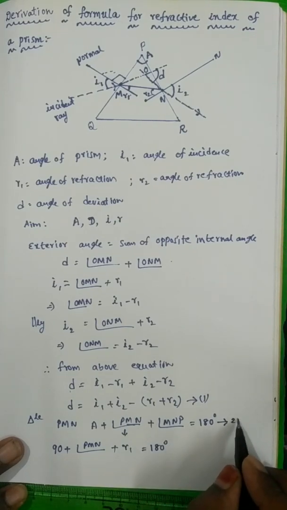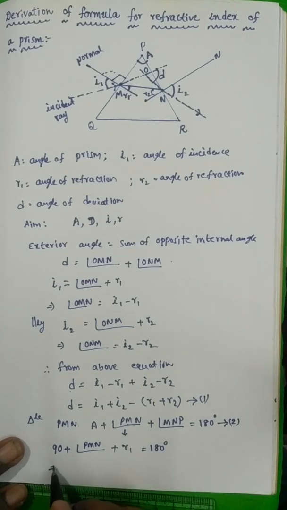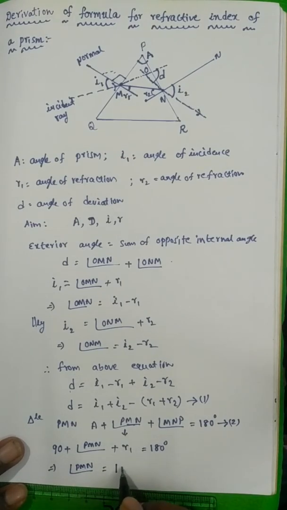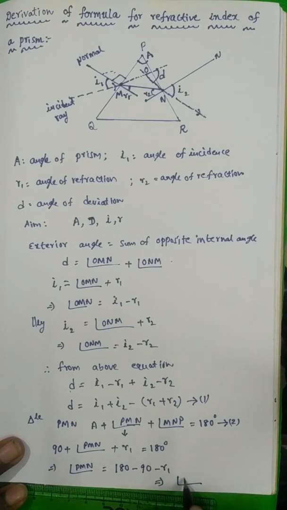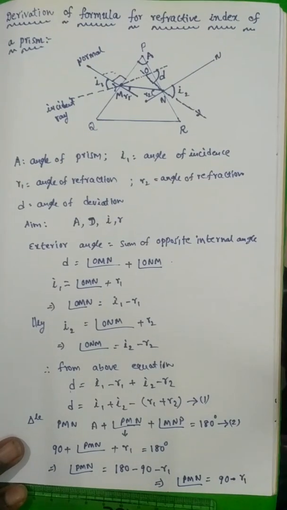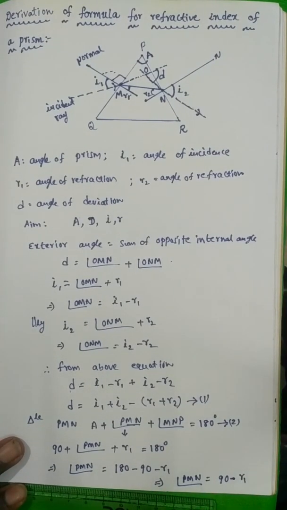This is called equation number 2. That implies angle PMN equals 180 minus 90 minus r1, which is 90 minus r1. We should keep this in mind.